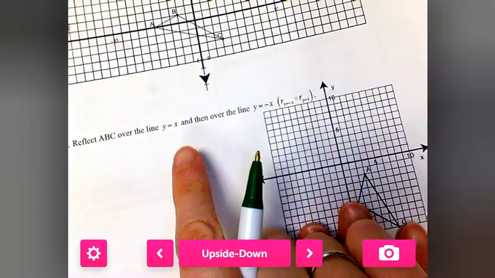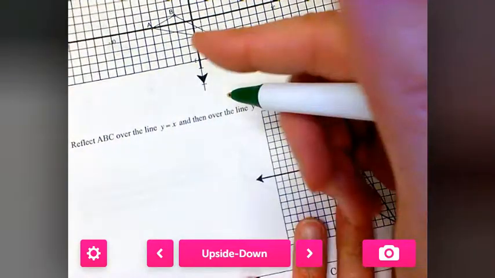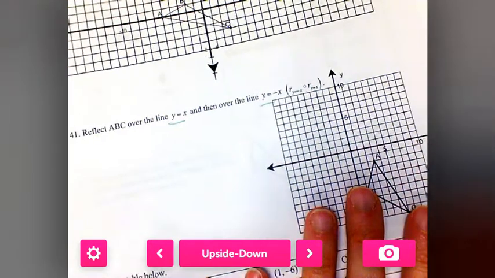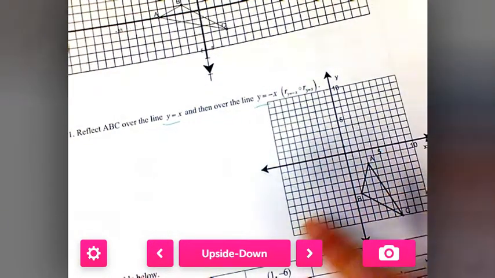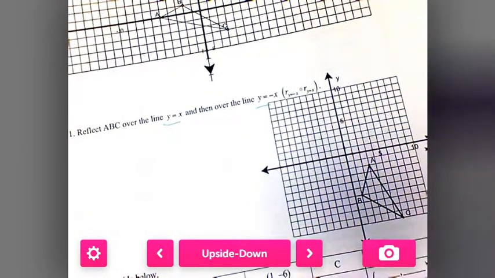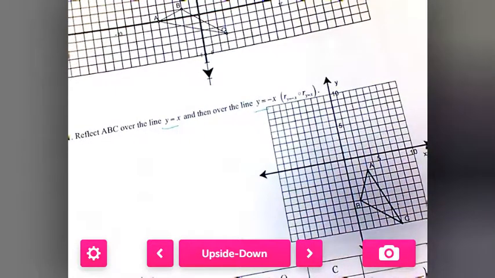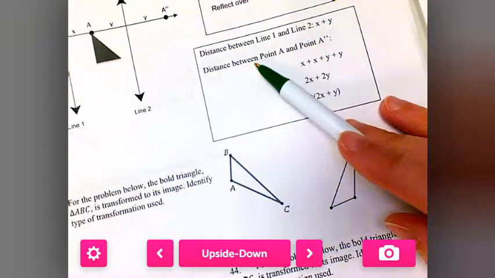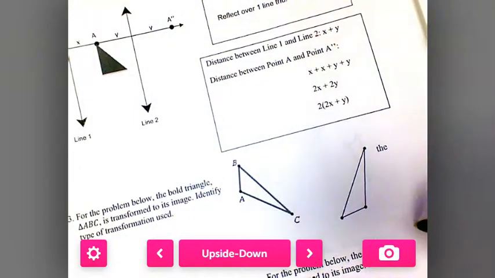41, we're okay. We should be able to look each of these up, y equals x and y equals negative x, on our formula sheet to find out what they are, or you can actually do it, depending on which is easier for you. 42, you're just telling me what's wrong. 43, you're telling me what happened.